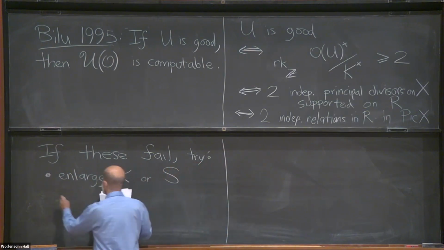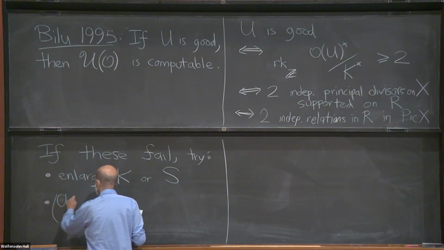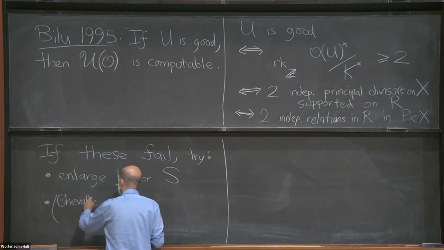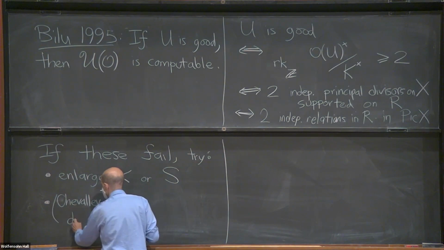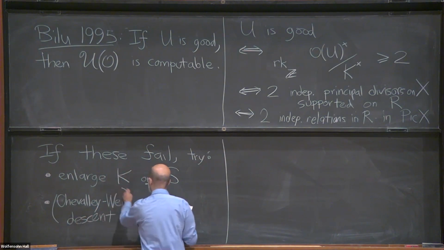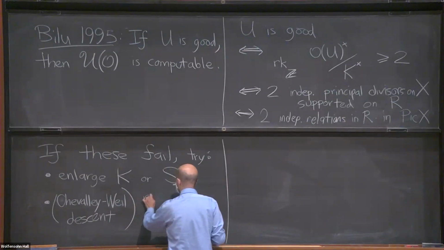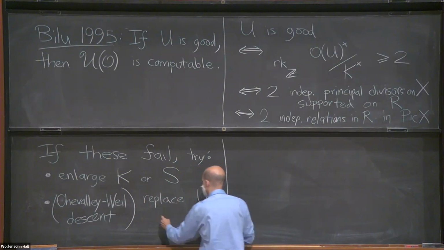More useful is you can combine this theorem with the method of descent, maybe in the form of Chevalley-Weil descent. This is a generalization of Fermat's method of infinite descent. What you do here is you replace the original curve by a finite etale cover.